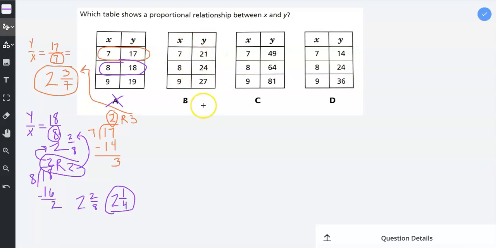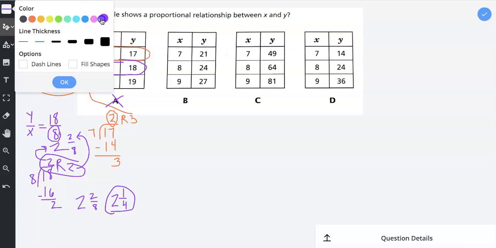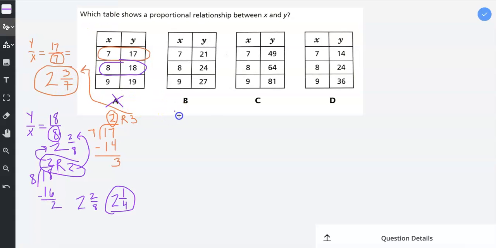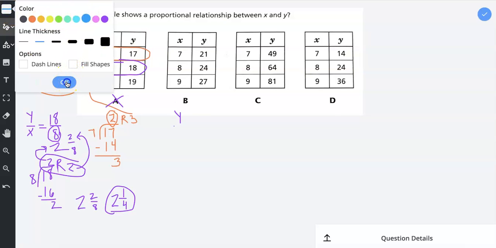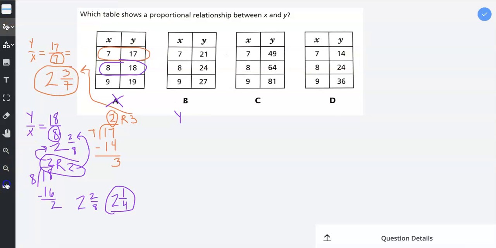All right, let's look at this next example. Let me pick a different color. Whoops. Let me try that again. K equals y divided by x.